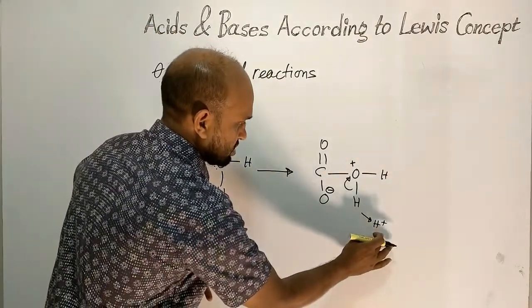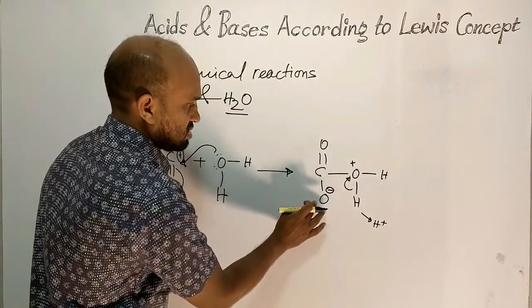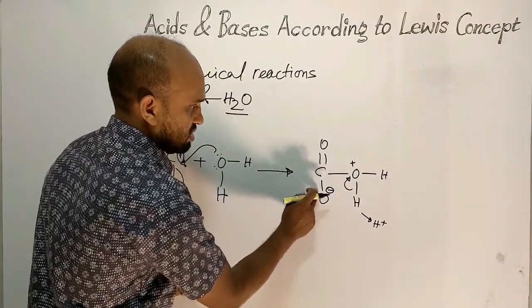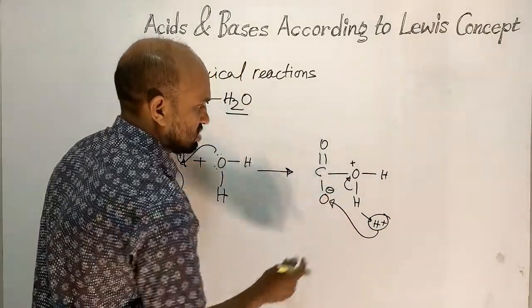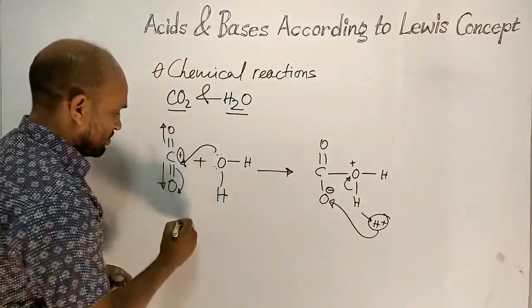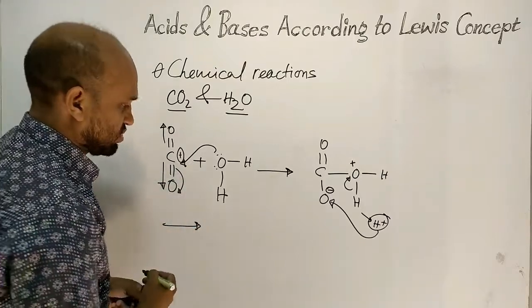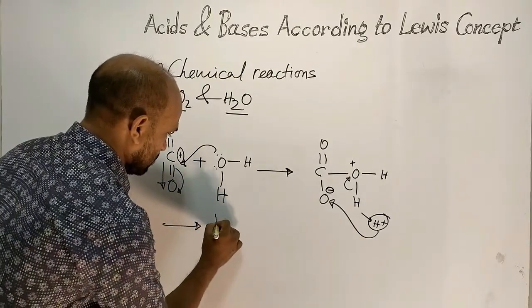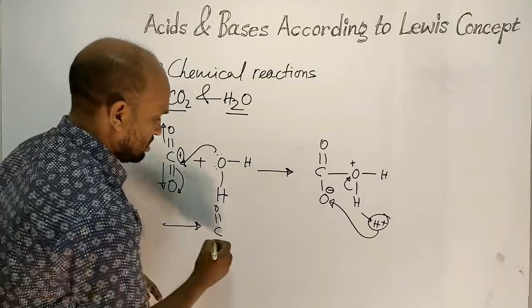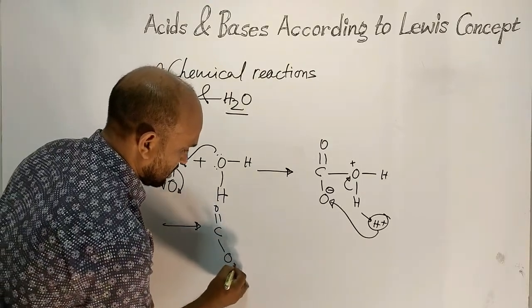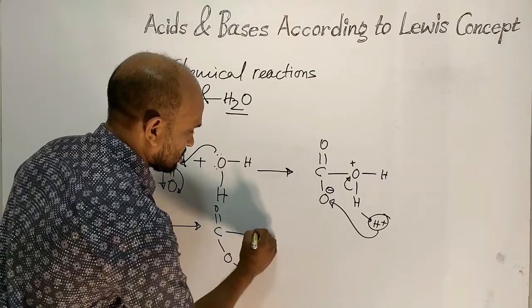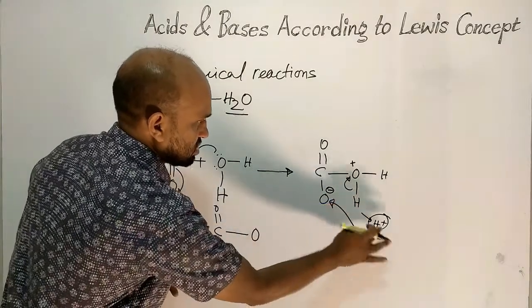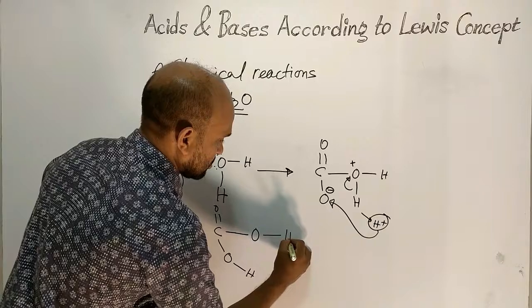This positively charged hydrogen ion, and this is negatively charged oxygen. So this proton combines with this oxygen, and after that this compound is formed, that is carbon with oxygen, here oxygen and this hydrogen, and this is oxygen, this hydrogen is freed, another hydrogen.